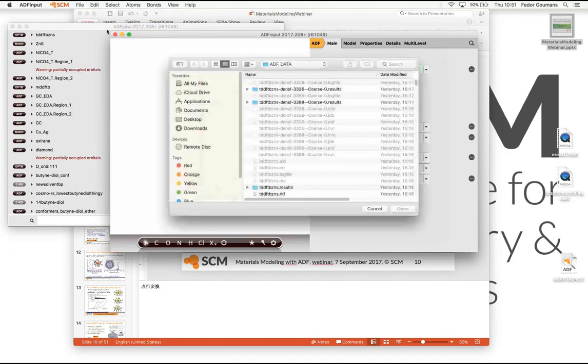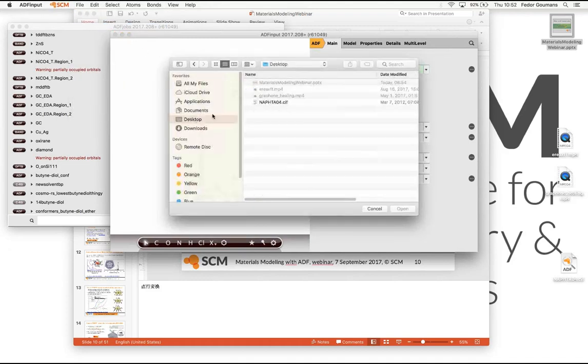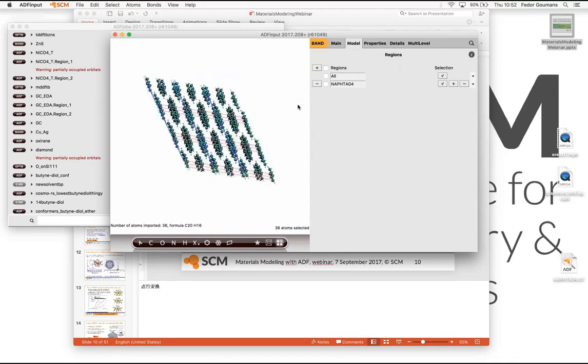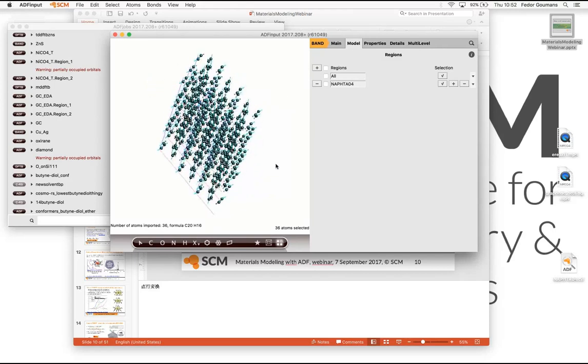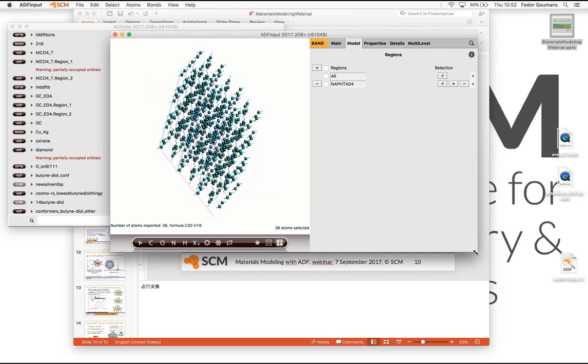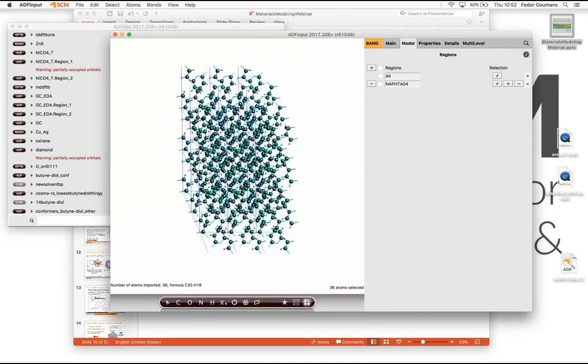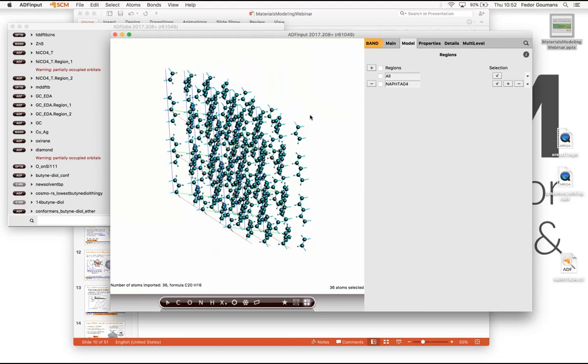So I'll import coordinates from a CIF file on my desktop. So that's naphthalene, and this is the periodic representation of naphthalene. The graphical interface will always go immediately to the periodic code if it recognizes it's a periodic structure.